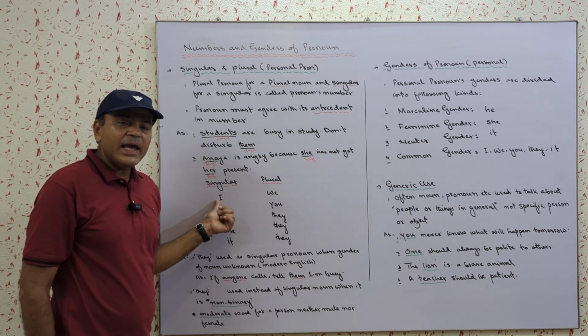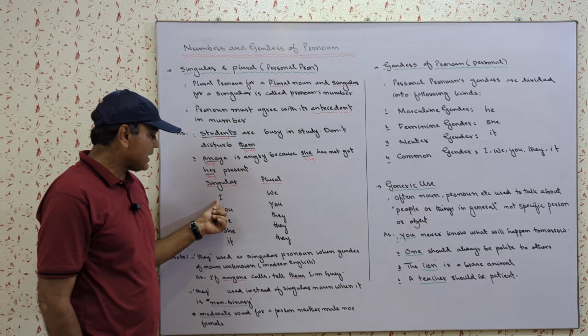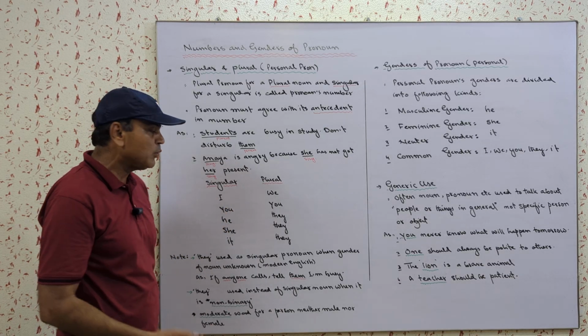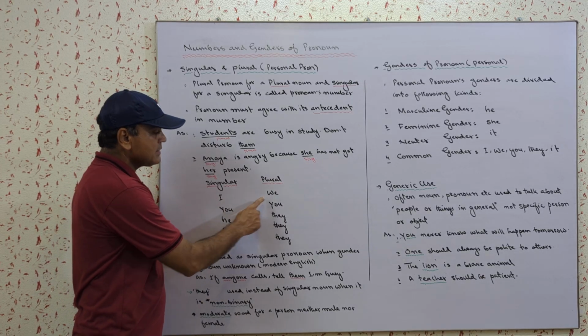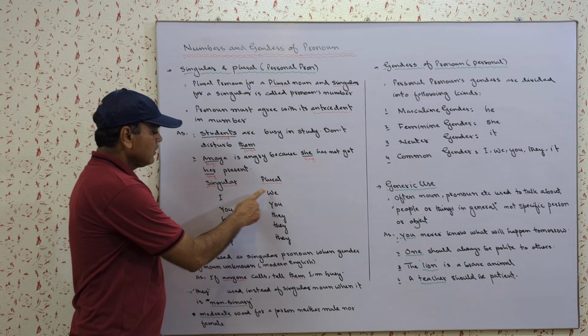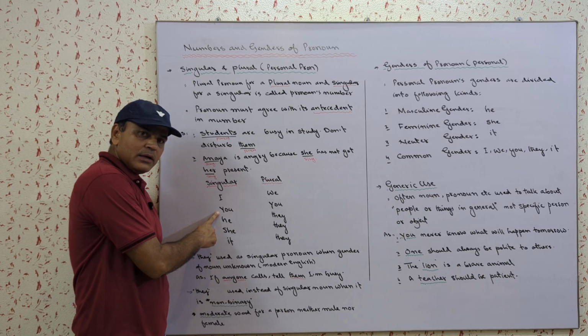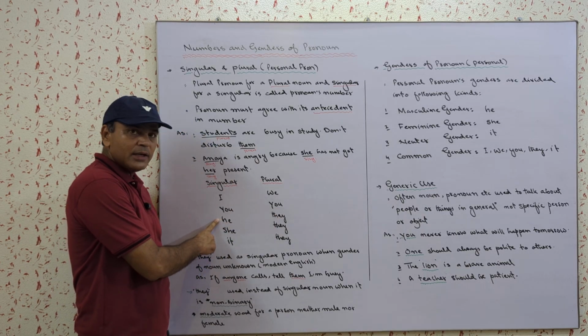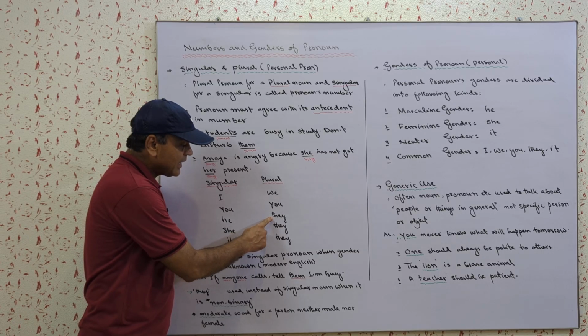For example, if I have the pronoun I, and I is singular and I want to make its plural, the plural of I is we. You is singular, its plural is you. He is singular and its plural is they.